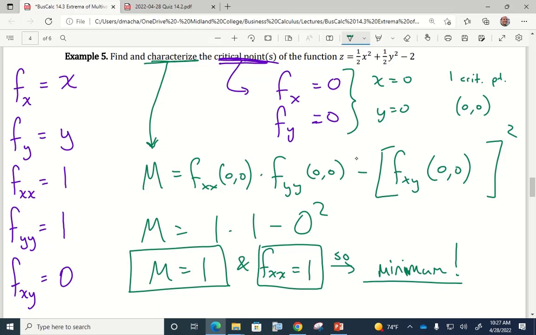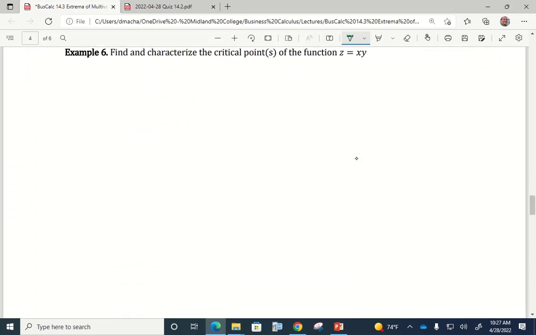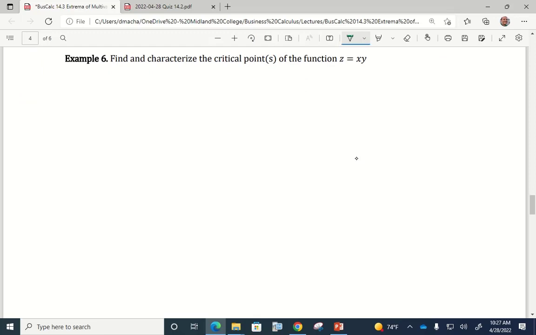I'm going to move on because I want to get through the rest of the examples. There's like 5 more. What if my function is z equals x times y? Well, the first derivative with respect to x, pretending that y is a constant, would be y.